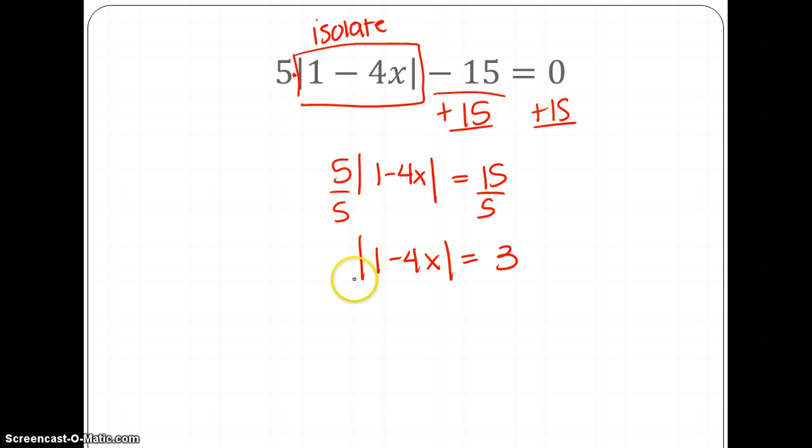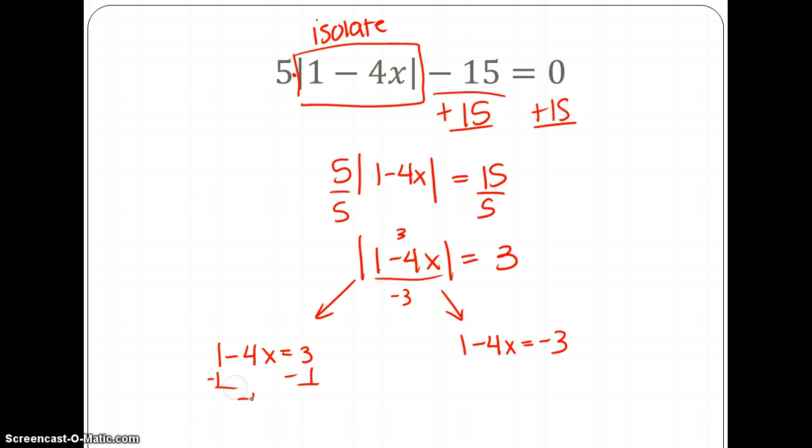Once you get the absolute value alone, again, remember, what's inside these parentheses could equal 3, or it could equal negative 3. Either way, the absolute value is going to be positive 3. So 1 minus 4x equals 3, or 1 minus 4x is equal to negative 3. So solve. All of this process is just a bunch of linear equation steps.